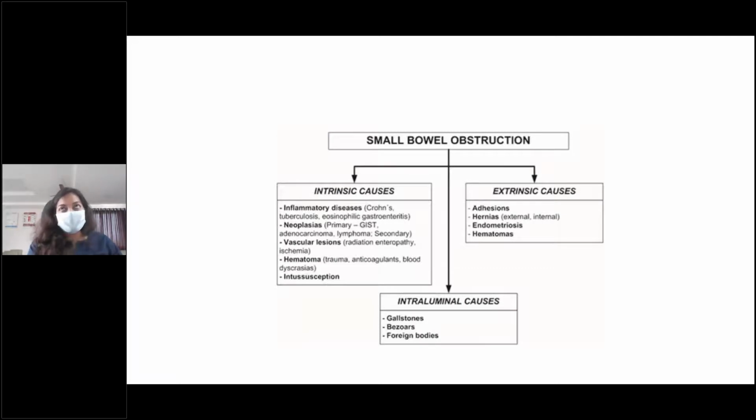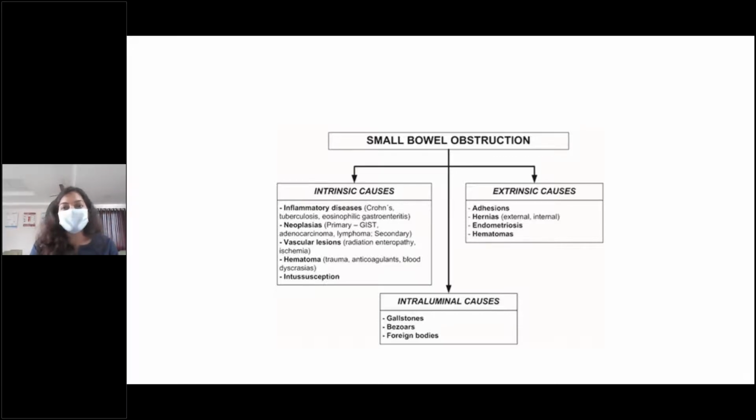What are the causes of small bowel obstruction? They are classified into three main causes: intrinsic, extrinsic, and intraluminal. The intrinsic causes include inflammatory disease such as Crohn's, tuberculosis, eosinophilic gastroenteritis, neoplasias, vascular lesions. This slide is important. You can take a picture or note it down.